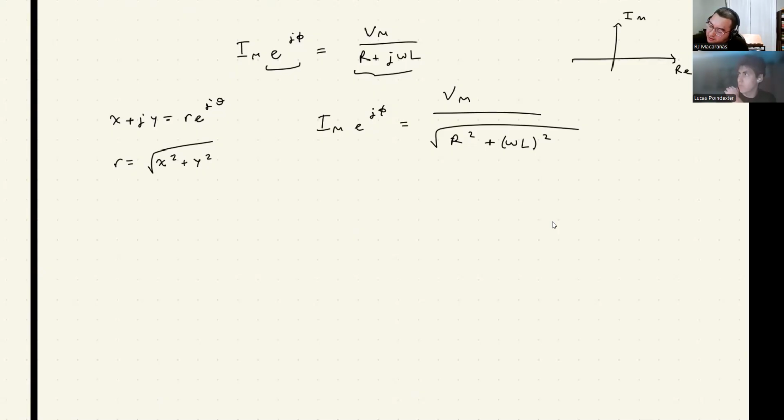If I take a real part, maybe this has distance R, and I take an imaginary part with the magnitude omega L, this forms a right triangle, and you can determine the magnitude just from the Pythagorean theorem. So if we wanted to convert our complex expression into polar form, we'd take the square root of the sum of the squares.